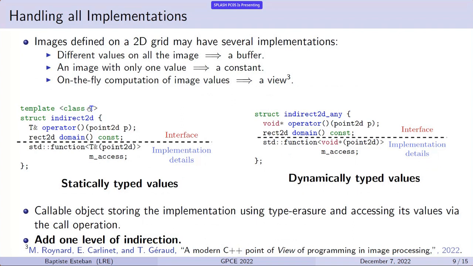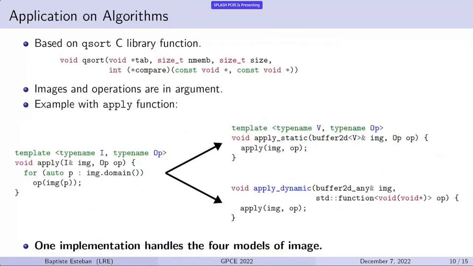So they have the same interface as the previous model I have shown you, and we have defined them for statically typed values and dynamically typed values. The first trouble with this is it adds one level of indirection. That means I have to call my function in std::function.